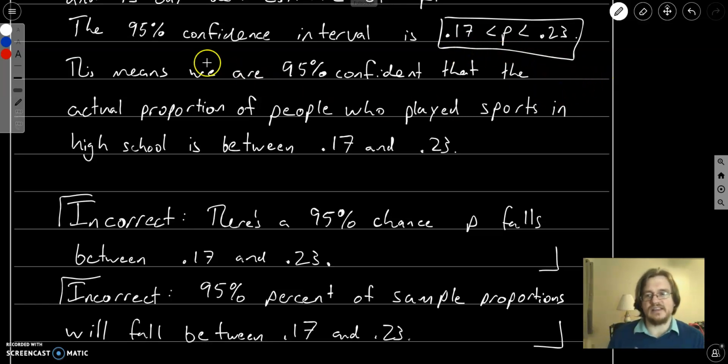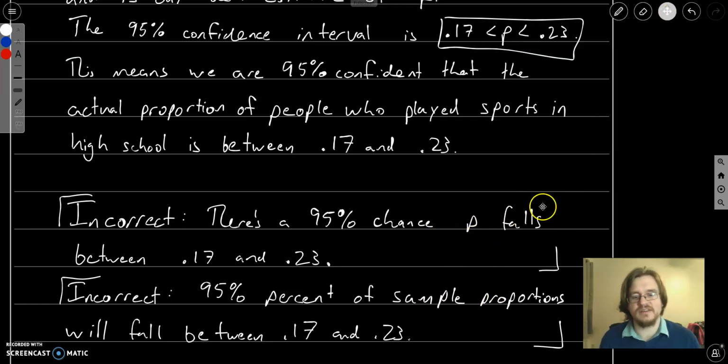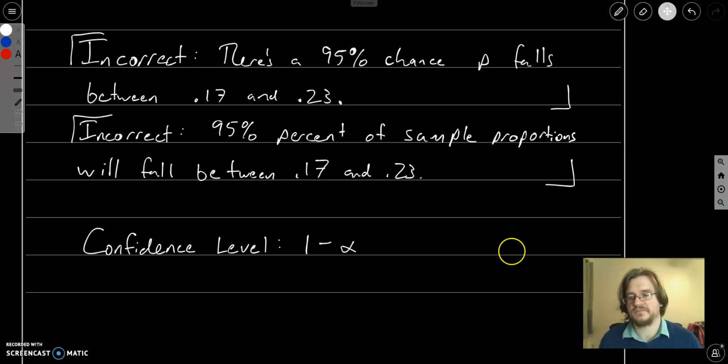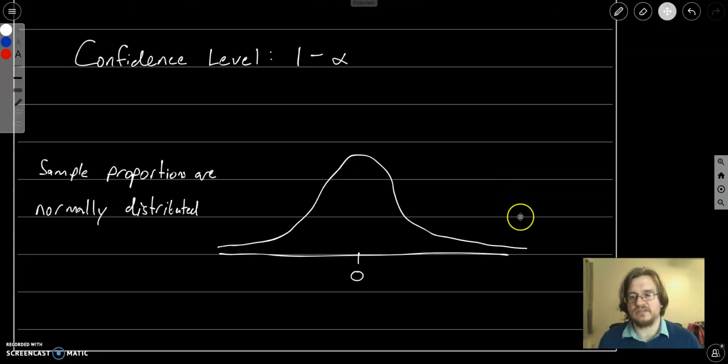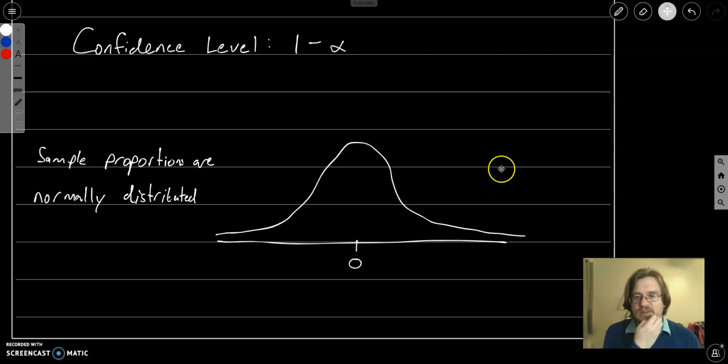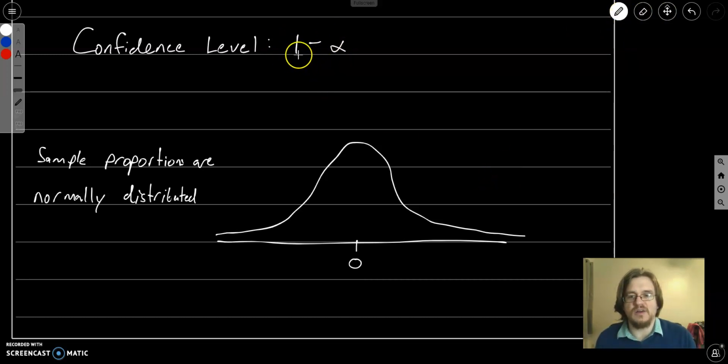And it's the 95% that expresses our confidence in our answer, not anything having to do with P or other sample proportions. So let's draw a little bit of a picture to demonstrate exactly what's going on here. Our confidence level, 1 minus alpha, is just a funny way of writing, say, 0.95.